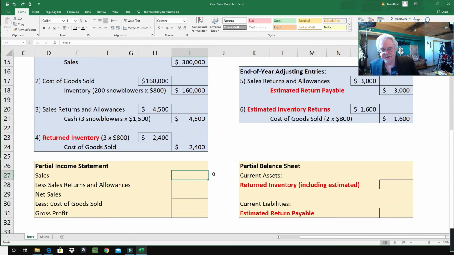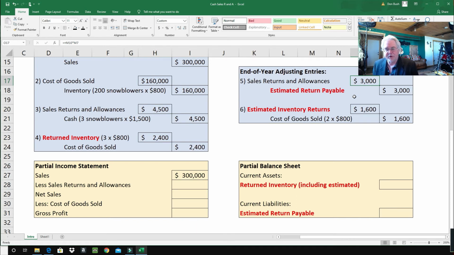Coming down to the income statement, sales is $300,000. We've got it right here in our first journal entry. And sales will be $300,000, less returns and allowances. So Fred has $4,500 of sales returns and allowances for the 3 snowblowers that were returned, and another $3,000 for the other 2 that he expects to be returned.